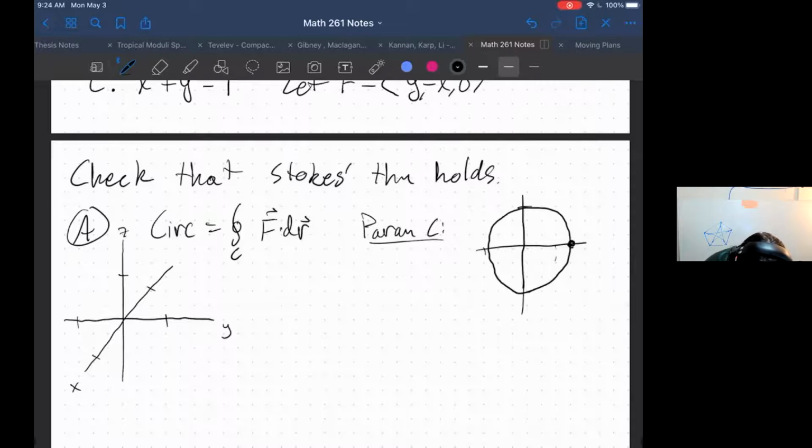So we'll try to draw this thing accurately. Sometimes this doesn't turn out very well. Oh, sorry. I wanted that to be the boundary curve. So we have that.